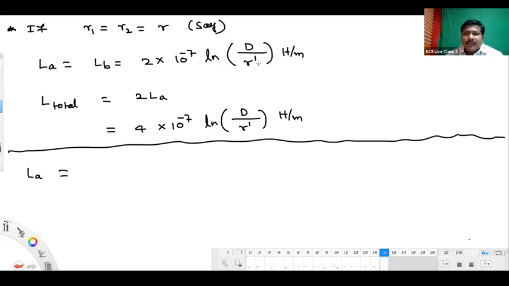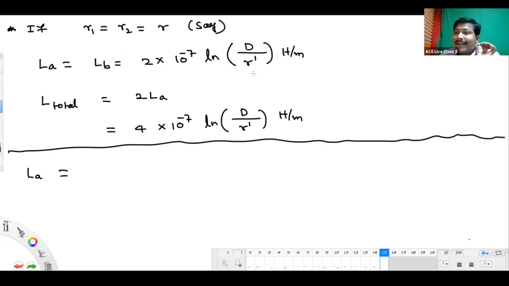See, in this formula, you observe definitely that the inductance value depends upon two things. Inductance of conductor A depends upon two things. One is the distance between conductor A and conductor B. Next one is the radius of the conductor.